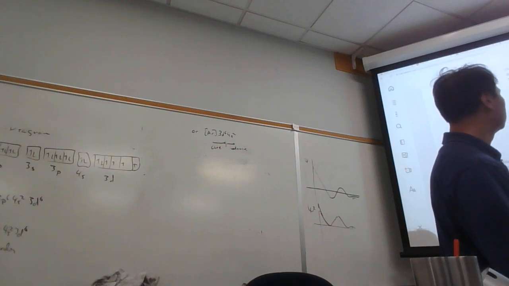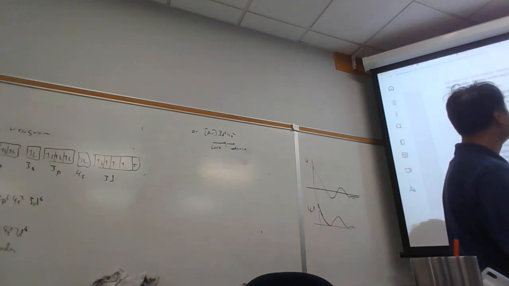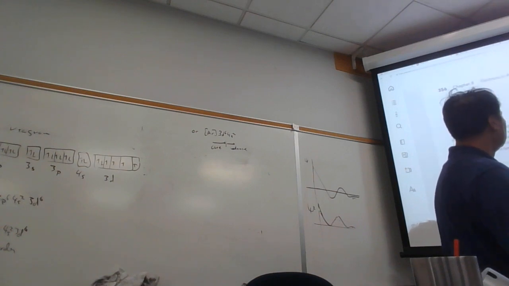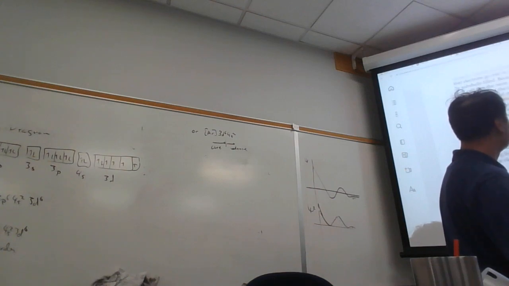So let's take a look. We talked about Aufbau. What was Aufbau? Ground state fill. Yeah, fill the lowest ground states first, right? We talked about Aufbau. We talked about Pauli.